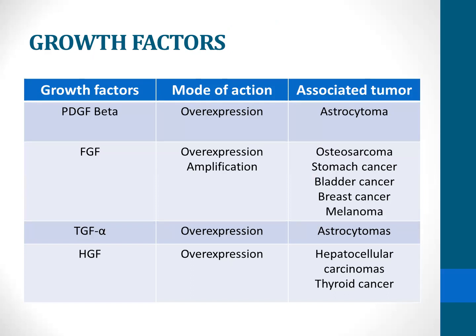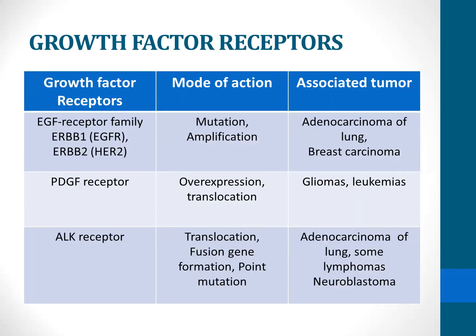Transforming growth factor alpha is overexpressed in astrocytoma, which is a brain tumor. Hepatocyte growth factor is overexpressed in hepatocellular carcinomas and thyroid cancer. Oncogenes can be growth factor receptors, and the important growth factor receptors are the epidermal growth factor receptor family, which is mutated or amplified in adenocarcinoma of lung and breast carcinoma.